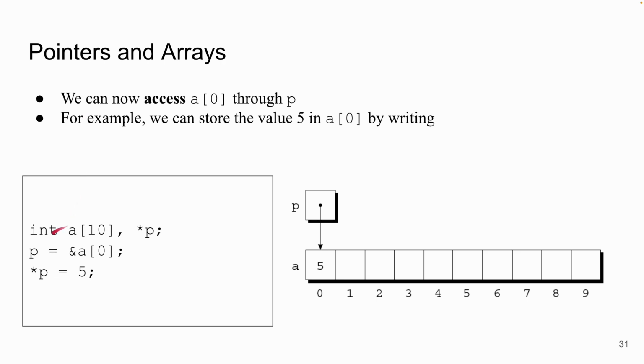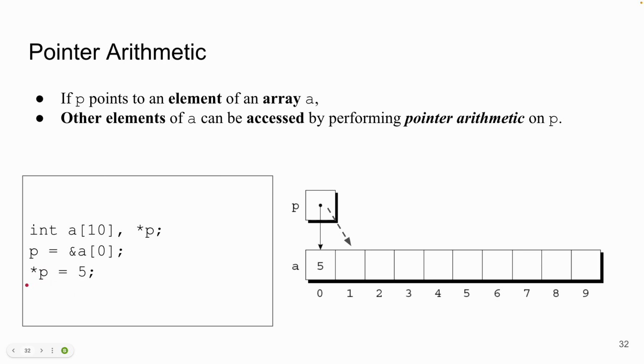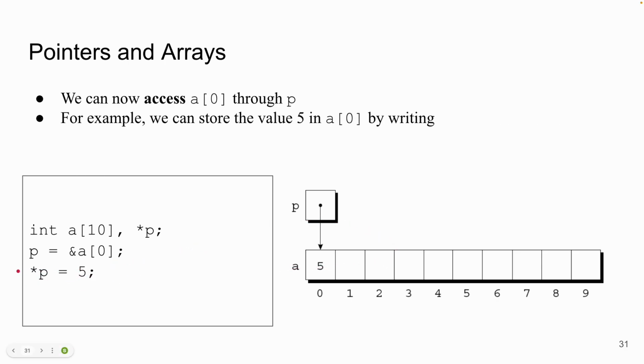After we finish the second line, we can now access A[0] through P, right? Because I just need to apply the indirection operator to get the object pointed to by the pointer. So *P will become A[0] here, and I can assign 5 to *P.